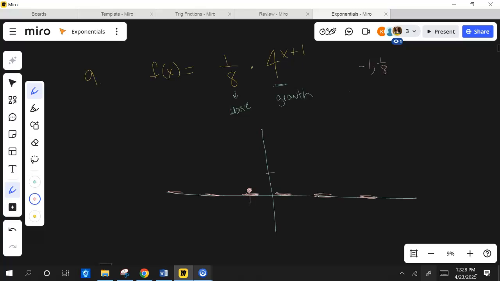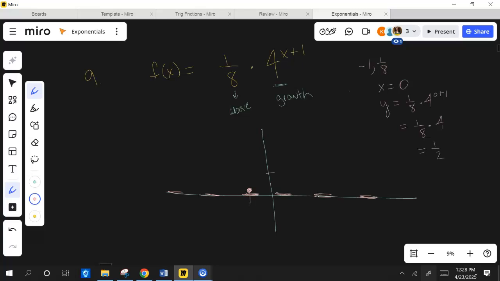Yeah, something like that. All right, pick another X. What X should I use? 0. I'm adding 1 to that. What would my Y be there? You put it in where the X is, and I get 1/8 times 4, which is 1/2.